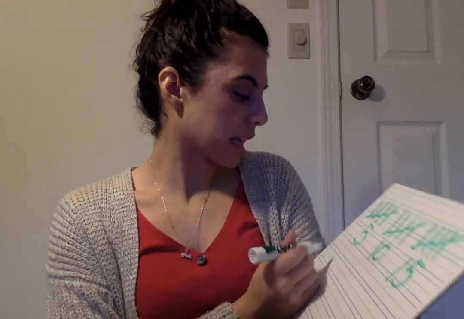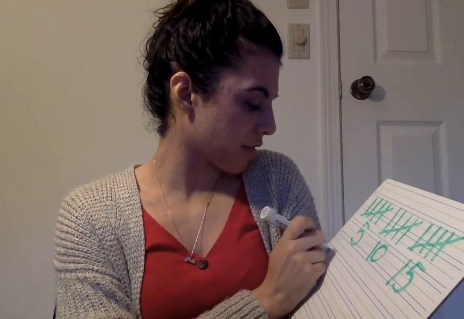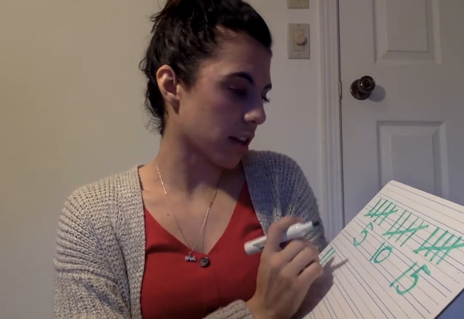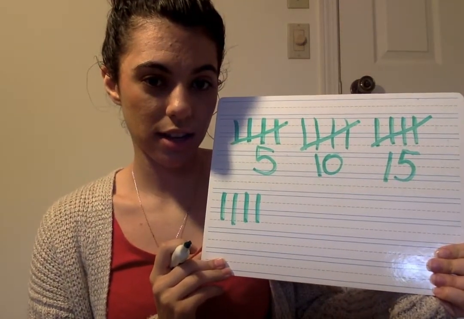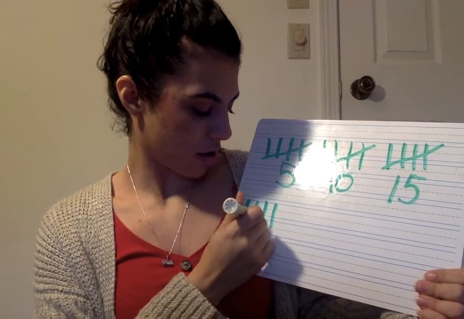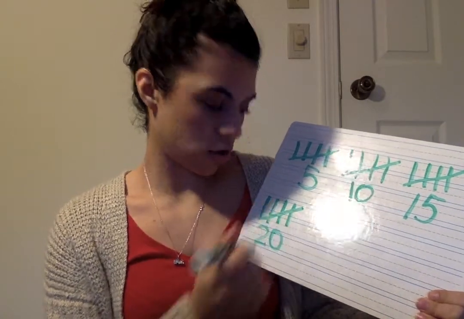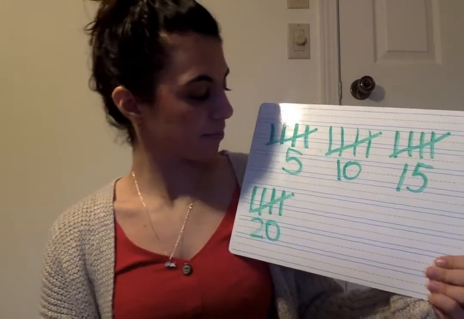Okay, if we wanted to keep counting how many kids we have, 16, 17, 18, 19. What do I have to do next? I have to tally up to 20. Okay, so our new total now is 20 kids.